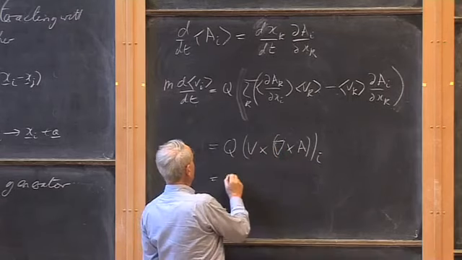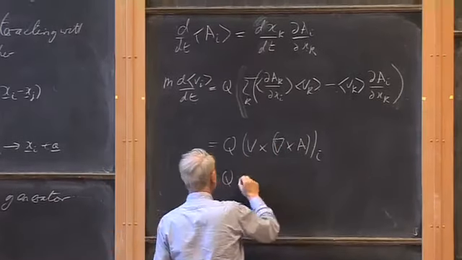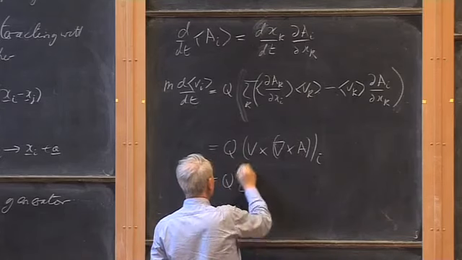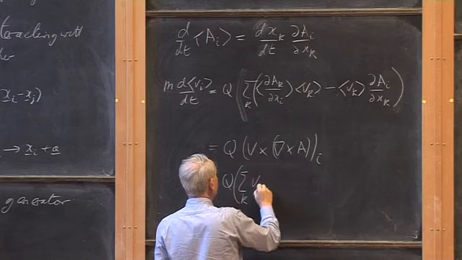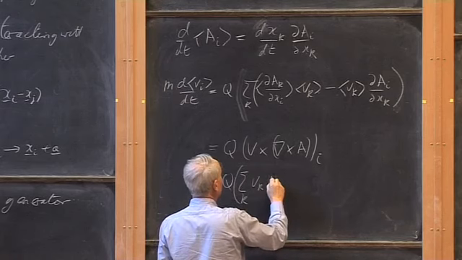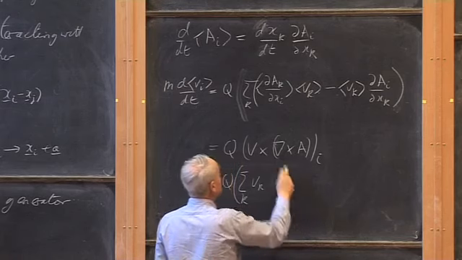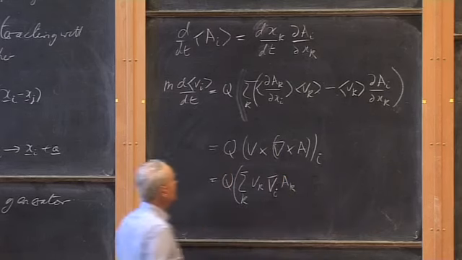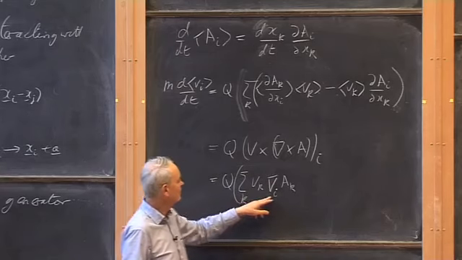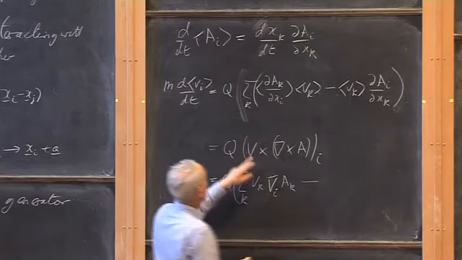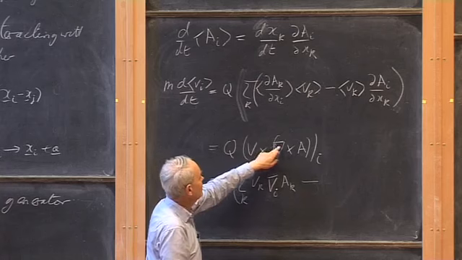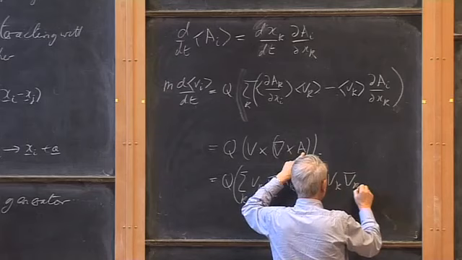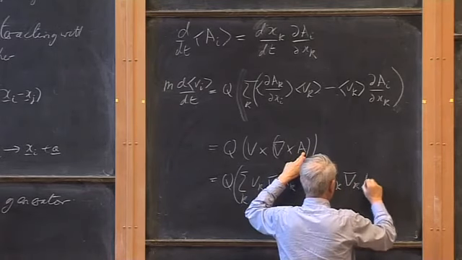So if I expand this, I get q, this thing dotted with this thing, that means a sum over k of v_k a_k, direction of this thing gives me a nabla_i, because I'm trying to calculate the ith component. And then minus this thing dotted with this thing, direction of that thing, so that's v_k nabla_k a_i.